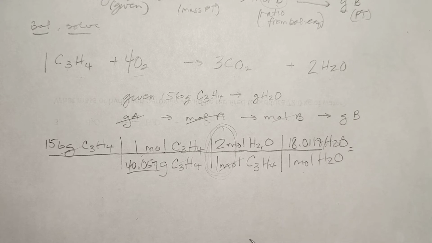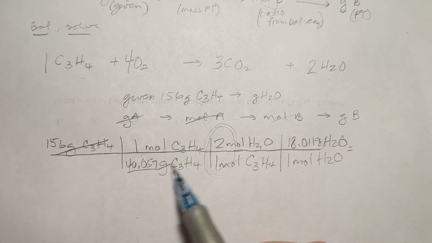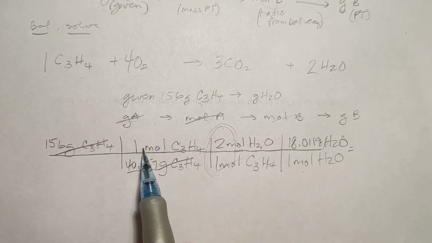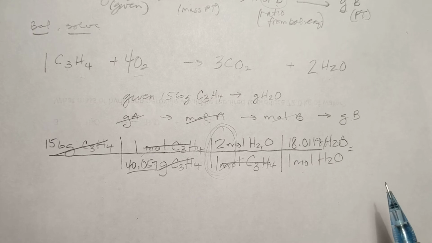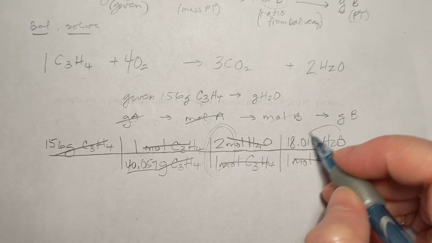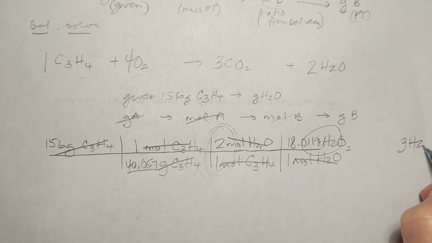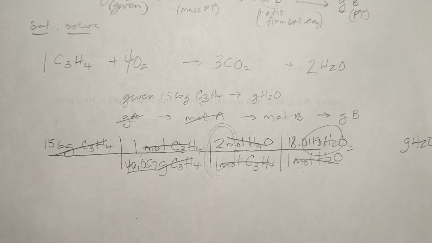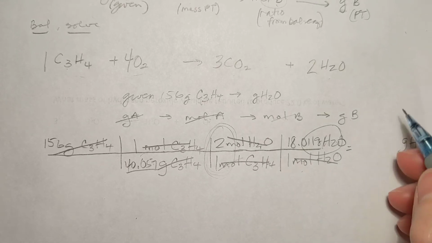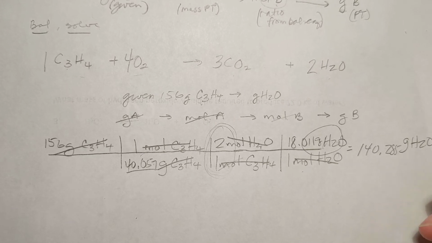So now when I go to calculate, I'm going to cancel my grams of fuel, my moles of fuel, and the moles of water, and I'm left with the mass of water, which is grams of H2O. I plug all of this into the calculator, and I get 140.285 grams of water.